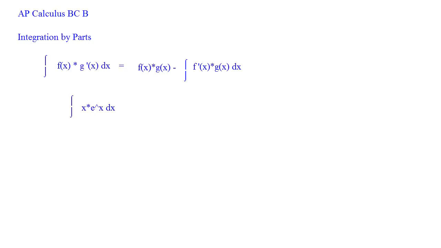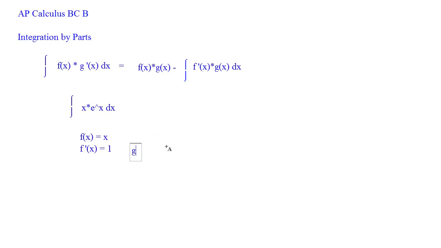So now we've got x times e to the x dx, and we're going to integrate that. First off, I would probably make f of x equal to x, because the derivative of x is going to be 1, so that's simpler. That follows that simple guideline.